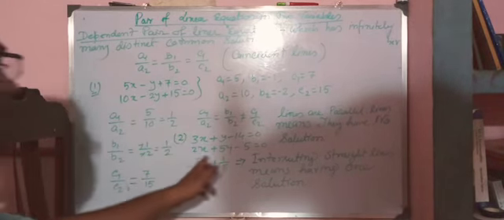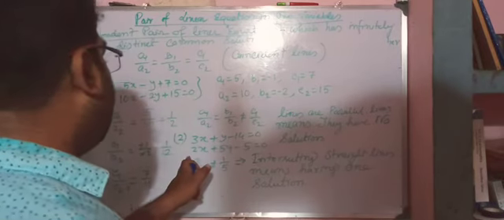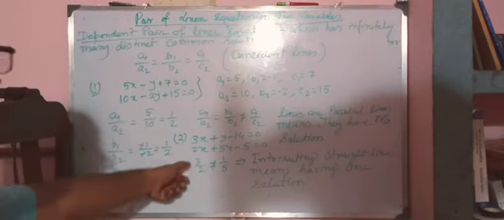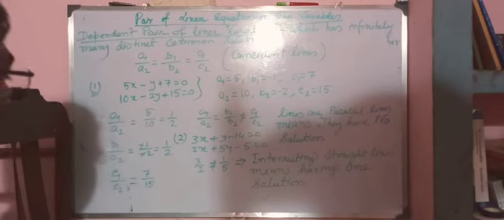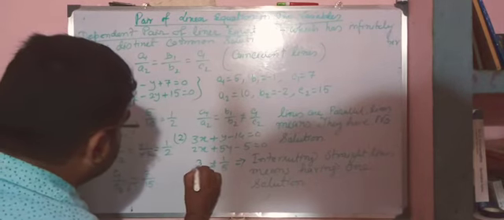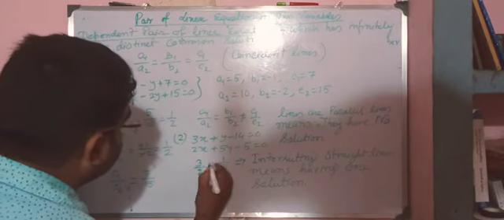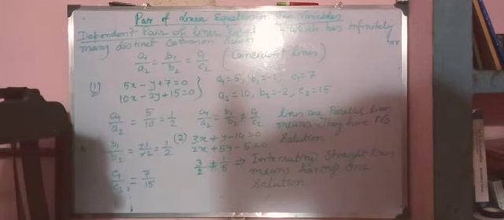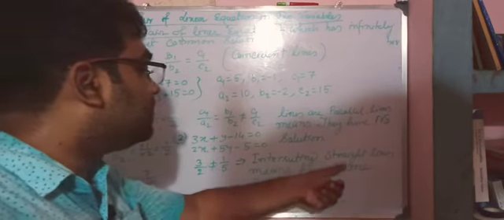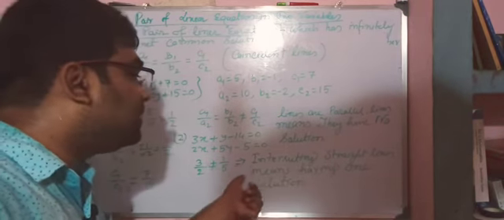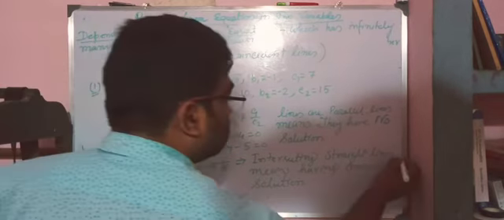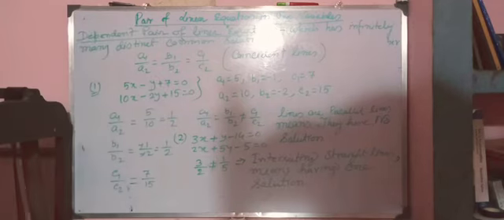Now here 3x plus y minus 14 is equal to 0, and 2x plus 5y minus 5 is equal to 0. So here 3 by 2 is not equal to 1 by 5. So that means they are intersecting straight lines, having one solution.